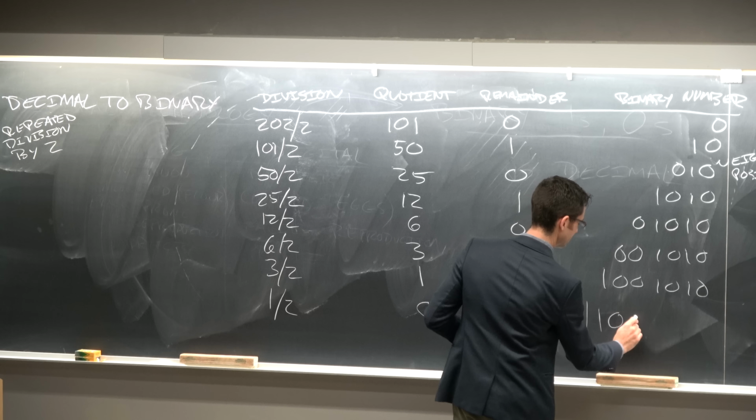And the width of a bit, let me make sure I don't get this wrong. The width of a bit is going to be 600 nanometers for a CD, and about 100 nanometers for a Blu-ray disc.